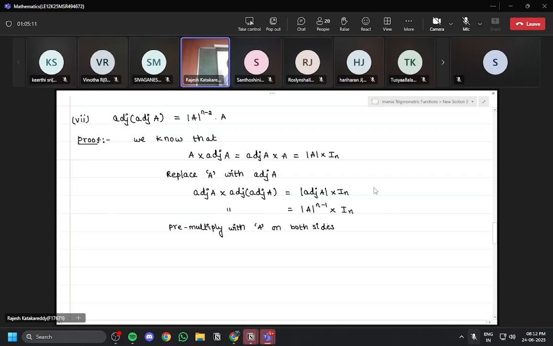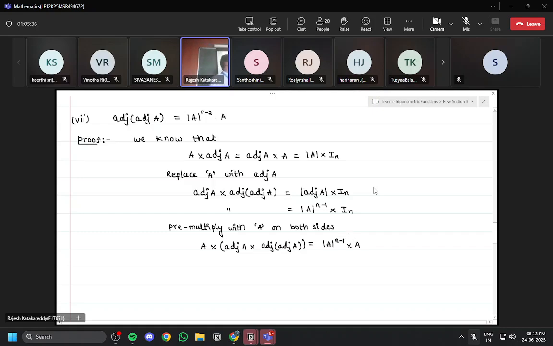I have adjoint A. If I pre-multiply with A, I am having determinant A times identity. So A into adjoint A into adjoint of adjoint A equals determinant of A to the power n minus 1 into matrix E.